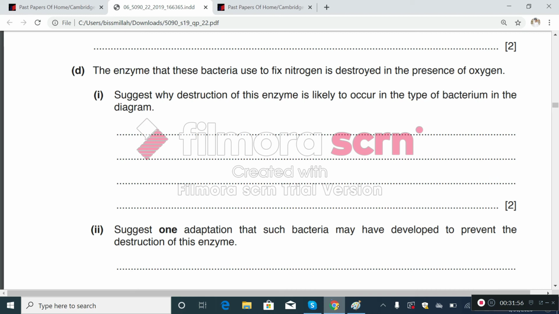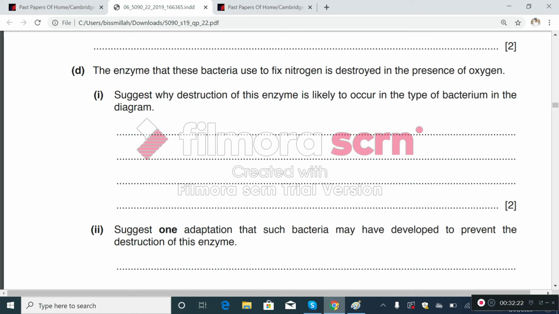Actually, here what we have to answer is very simple. These are the nitrogen fixing bacteria. Actually, they are destroyed in the presence of oxygen. When there is more availability of oxygen in that environment, these bacteria will not be functional. They will not be able to fix nitrogen.